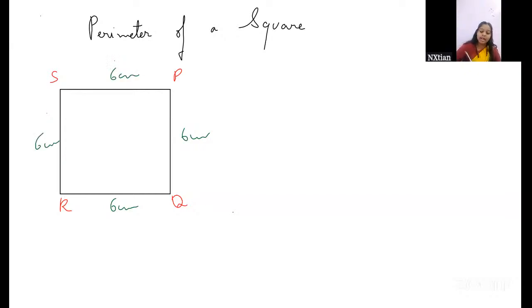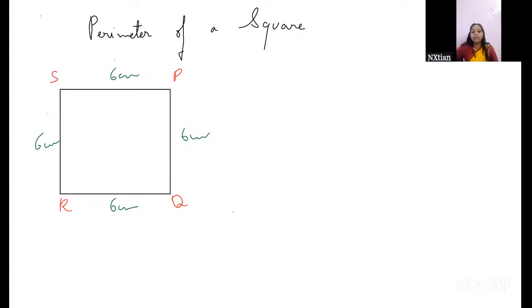So it is the sum of all the sides, right? One way is to do 6 centimeter plus 6 centimeter plus 6 centimeter plus 6 centimeter. But since that is a bit time consuming, we do 6 centimeter into 4. This is a small question, we can just add also.